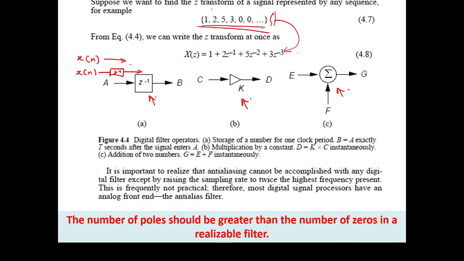Suppose at the first instance, 0, we give x[n] as 1, so over here we will get 1. If we give the same input to the delay, it delays the signal. That means this signal will come up in the next instance; in the present instance, it takes the previous value. What is the previous value of 1?